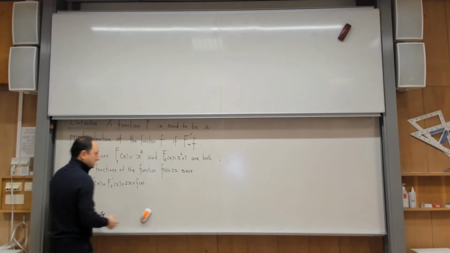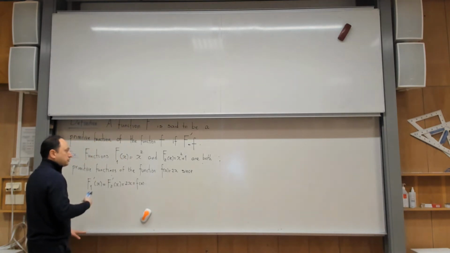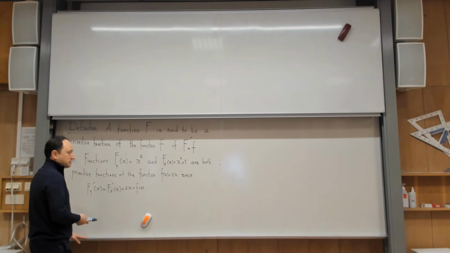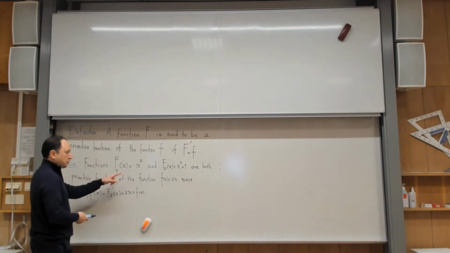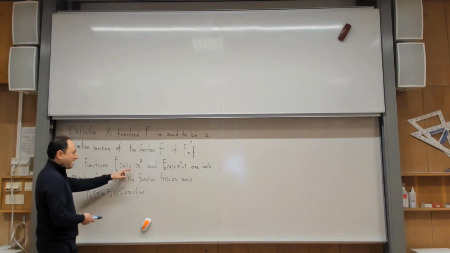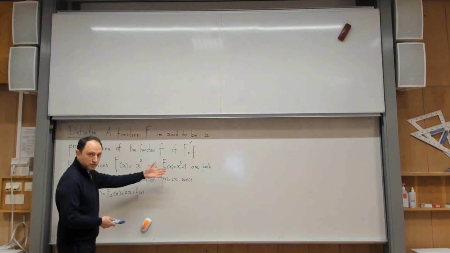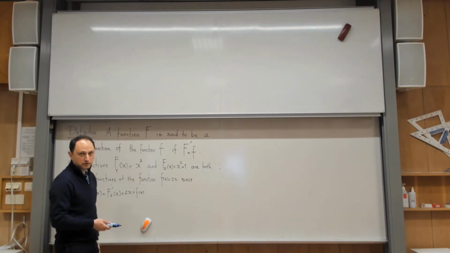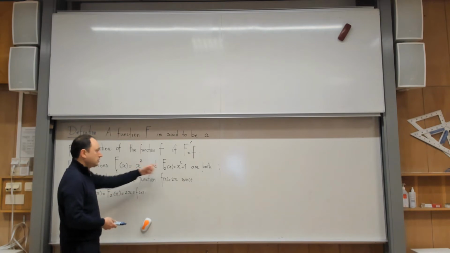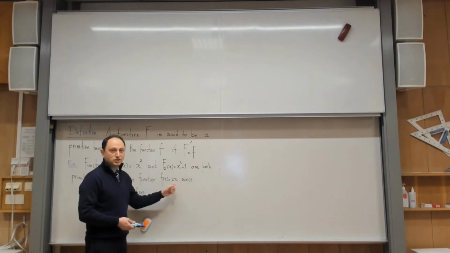But the point is this: we want to find a systematic way to be able to find primitive functions. This is different from this problem. In this problem, I have given you the functions and I am asking you to show that they are the right ones. That is easy. You just differentiate and see that this is equal to this one.